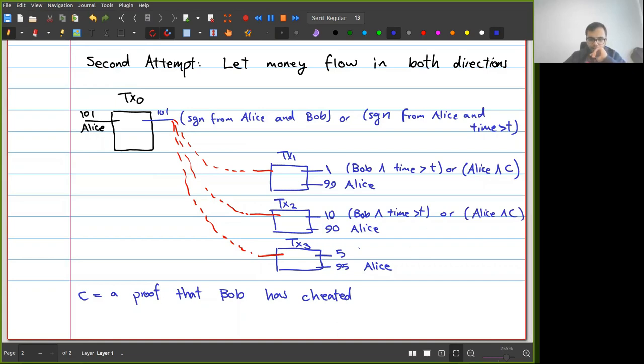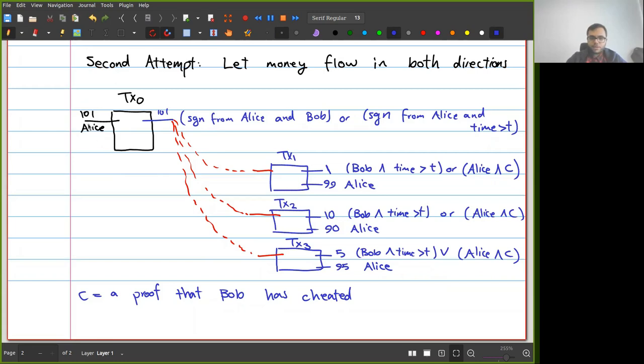And this is the same: Bob and time is greater than T, or signature from Alice. Oh, I just realized I'm not consistent with my notation. That's fine. So basically what we're doing here is that in transaction 0, Alice is putting down some money as deposit.